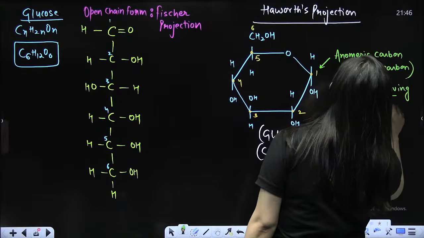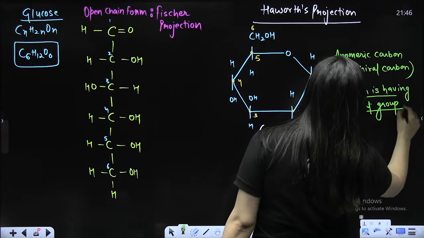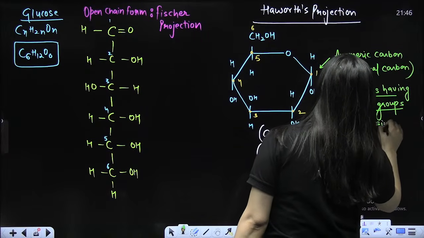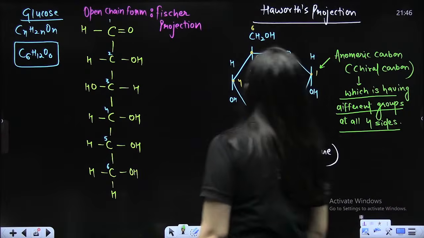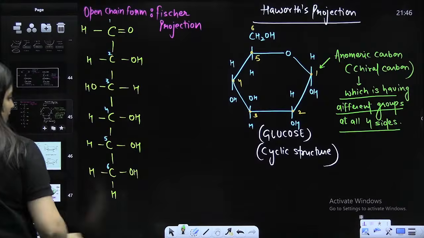As a carbon, you know that 4 bonds it will make, so it is having different groups at all 4 sides. Are you getting my point? So this is the chiral carbon, anomeric carbon. This ring-like structure is known as Haworth projection.